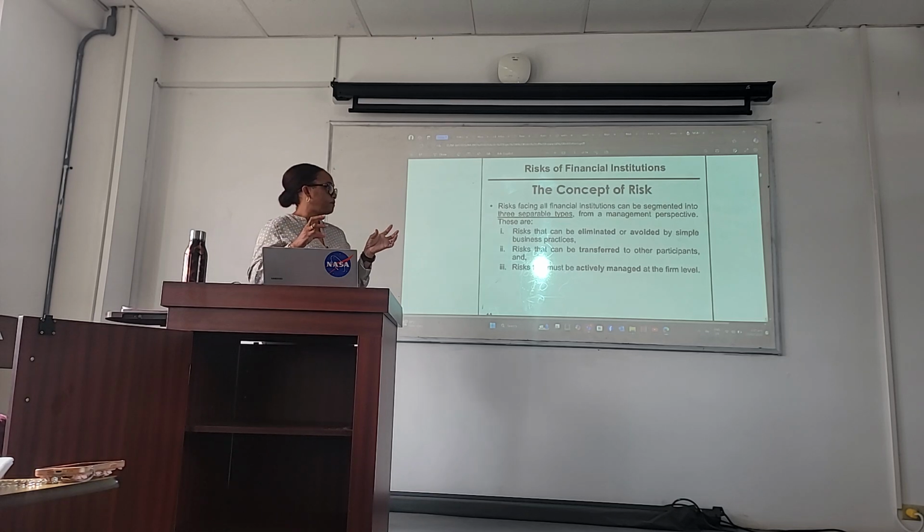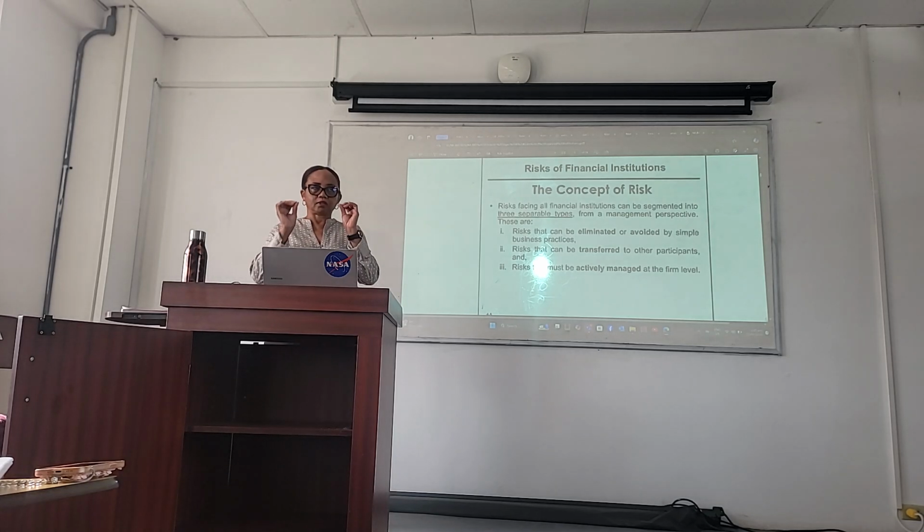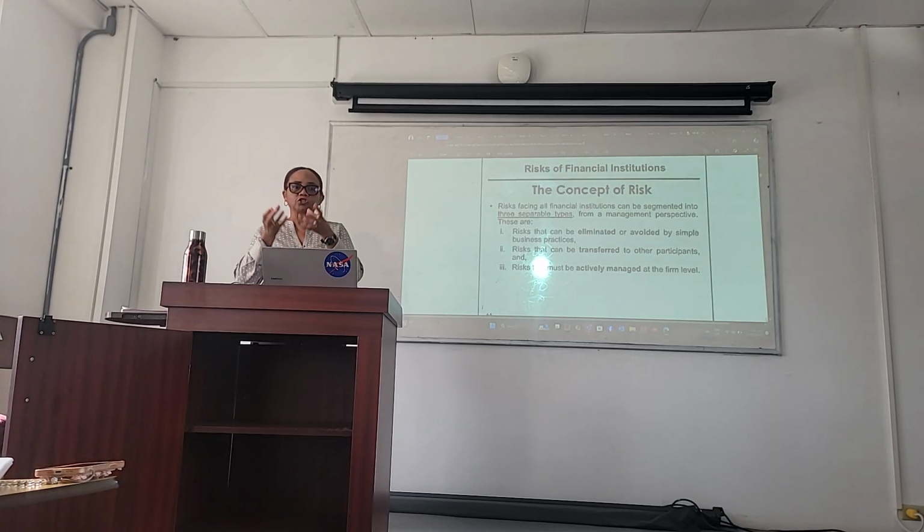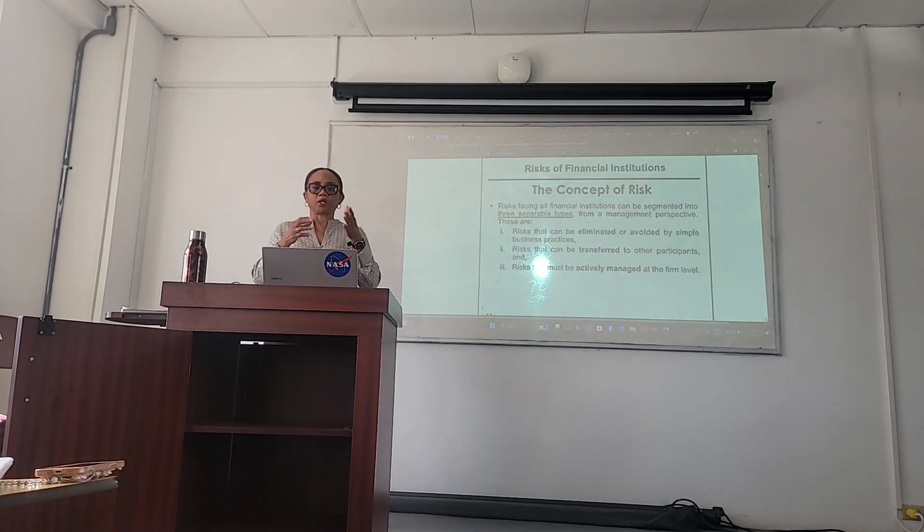There are three main types of risks that we look at, not types of risk, but functional categories, all right? So you have the risk that can be removed, avoided, totally eliminated. There's some risk that you can transfer to somebody else to take it away from you.